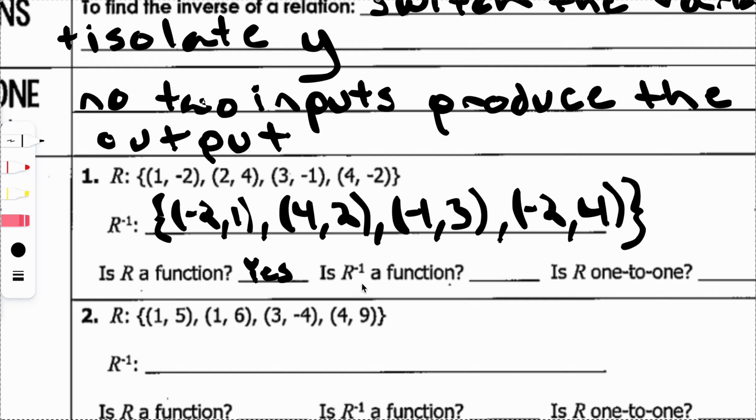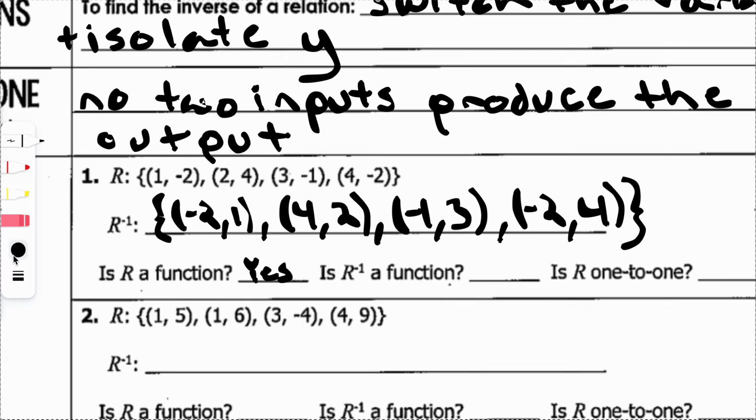And now we're asked to determine whether its inverse is a function. So we want to look through these points and see, are there two points with the same x value?